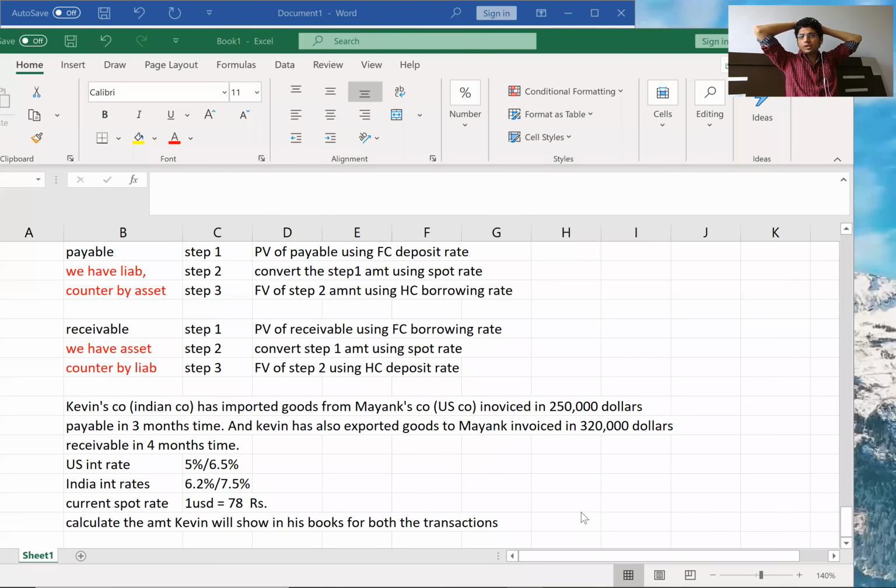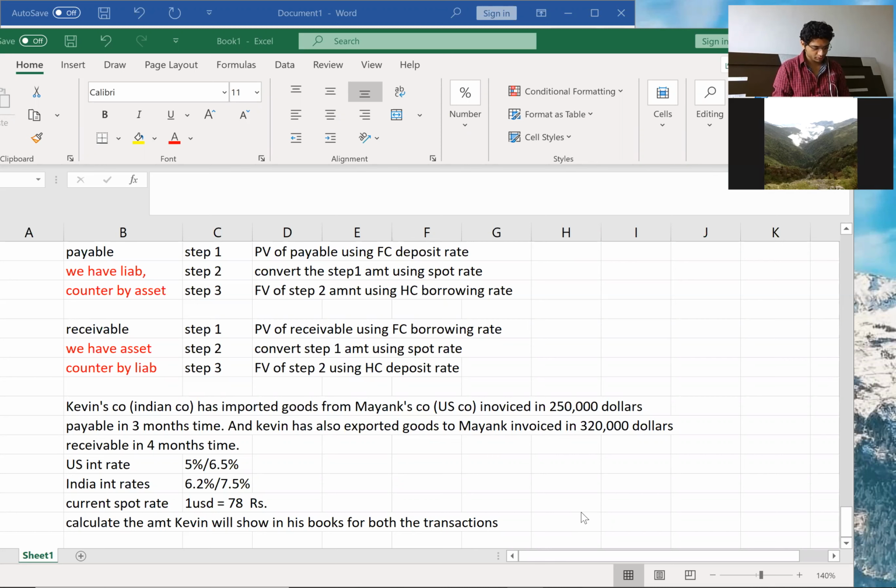So we cannot net off receivable against payable because time frame is different, even though invoice currency is same. Do it then and put the answers in the group. What is the answer for payable and what is the answer for receivable?